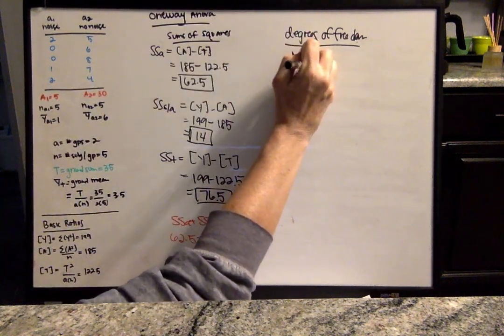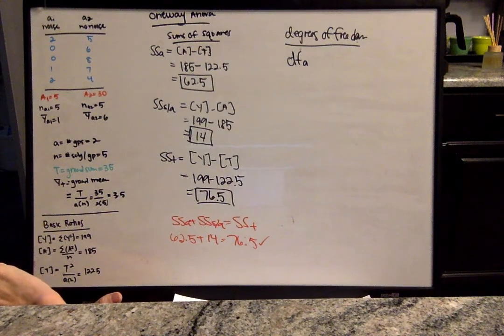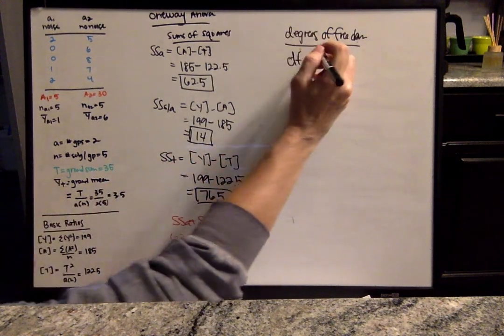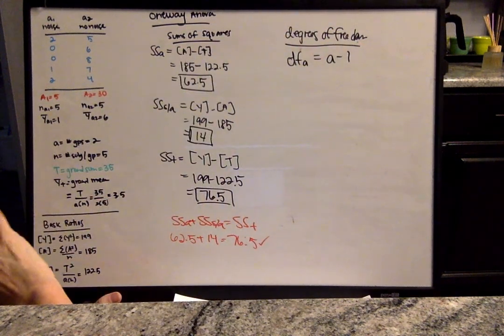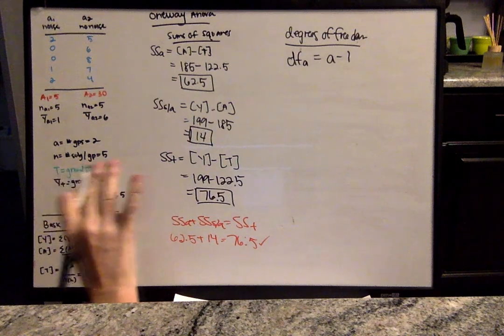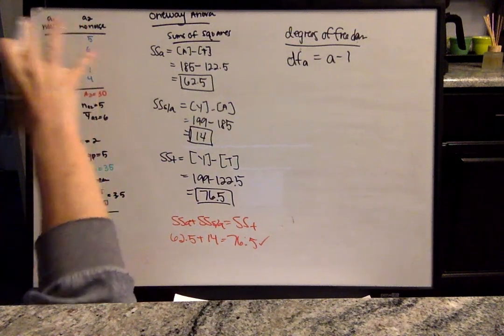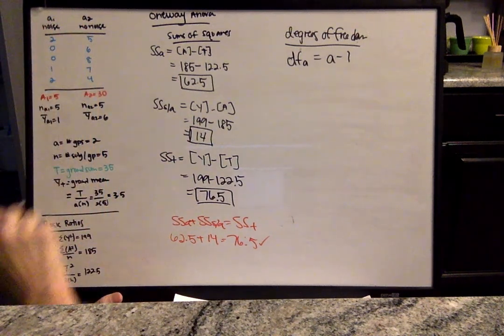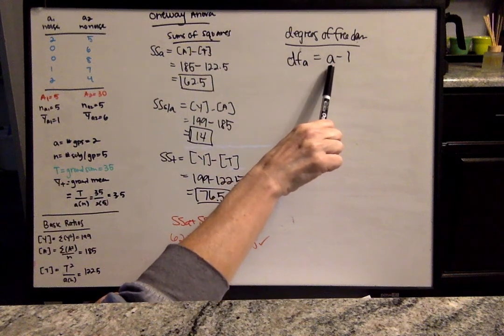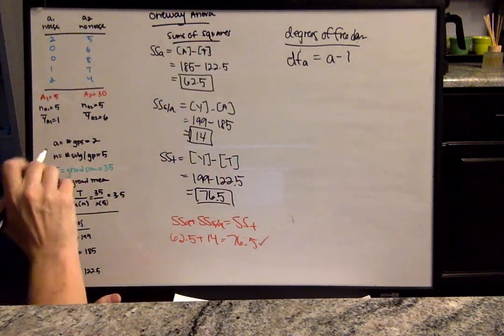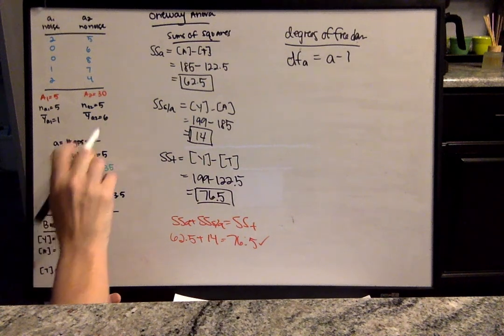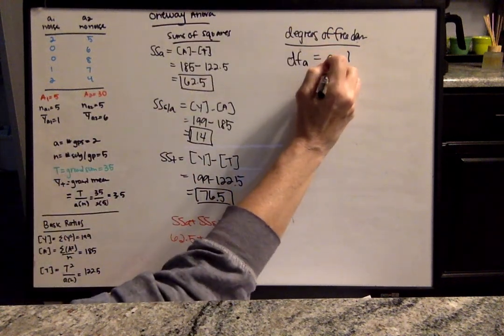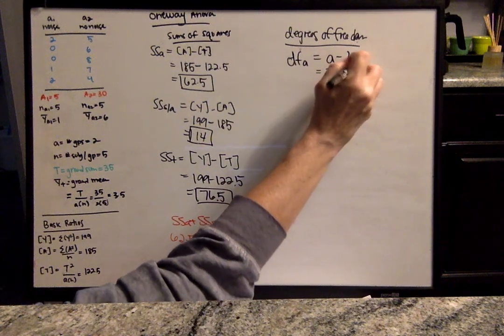Our first degree of freedom is our degrees of freedom A. Again, you're going to do them in the same order as me. The formula for degrees of freedom A is simply little a minus 1. This goes back to the importance of doing notation right in the beginning when you're setting up the problem. Little a refers to the number of groups or the number of levels. So in this problem, our little a is 2.